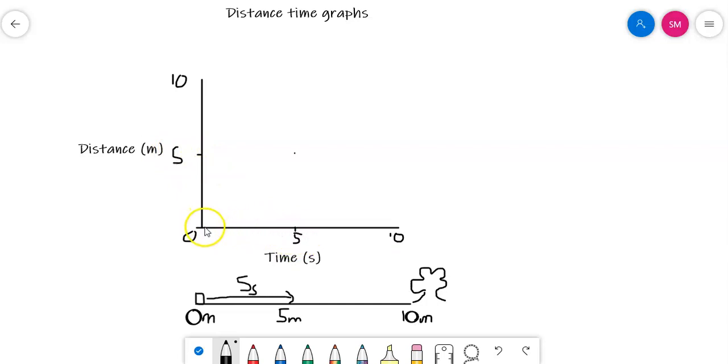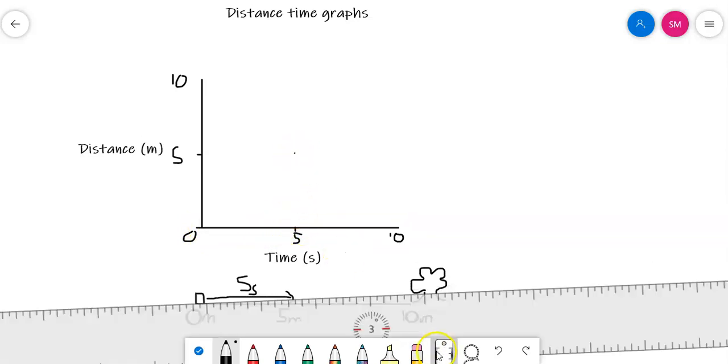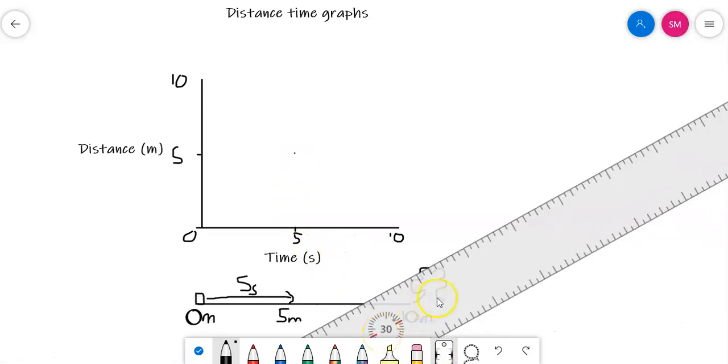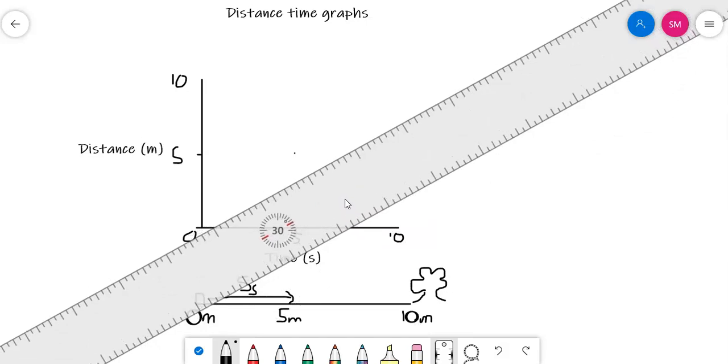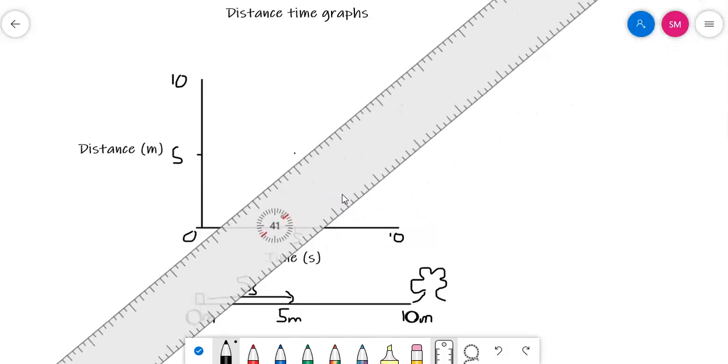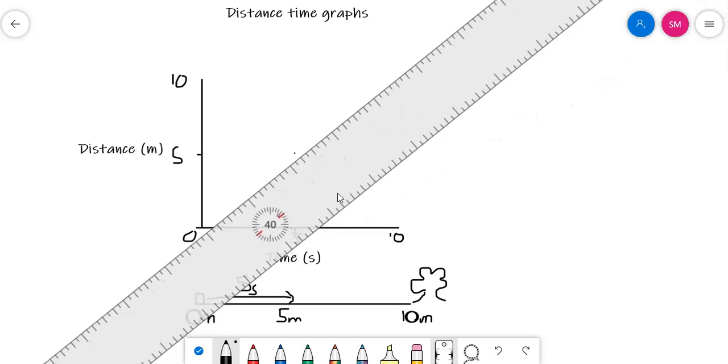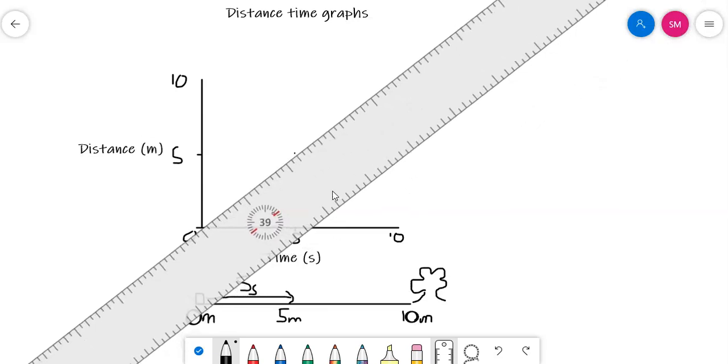So over a period of 5 seconds, the object has moved 5 meters. So we would show that by using a line that would look something like this. Near enough. All right, so we'd see a line drawn something like that.